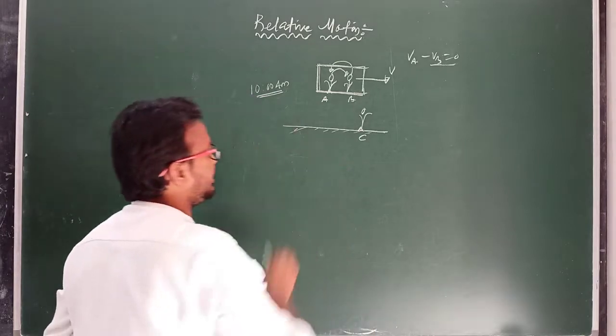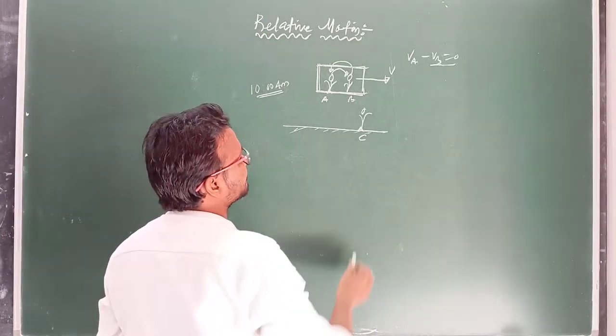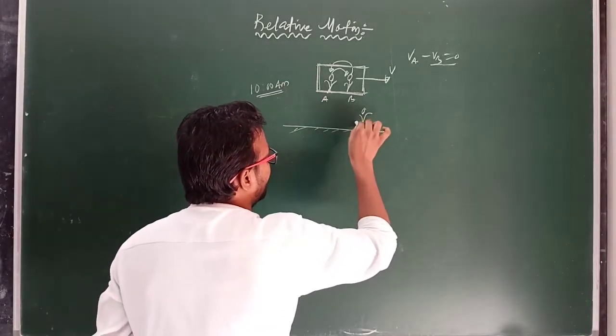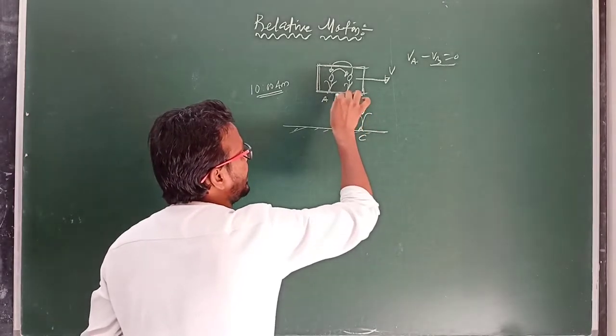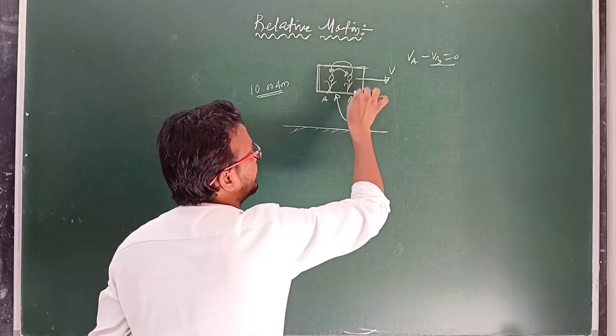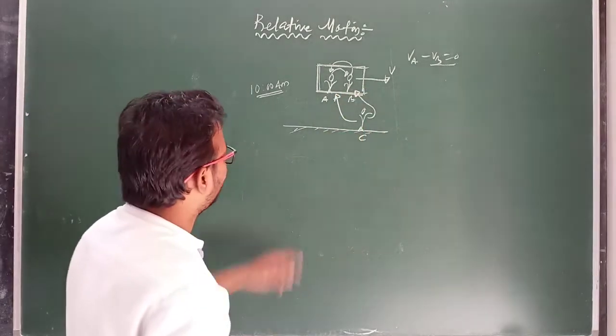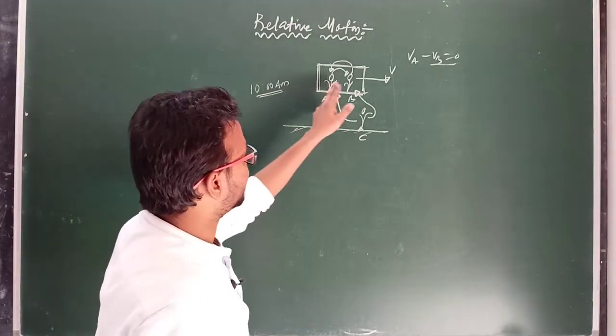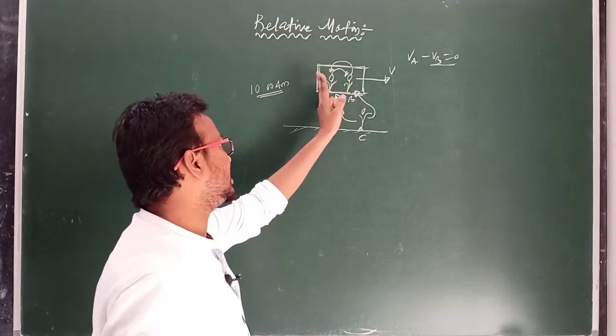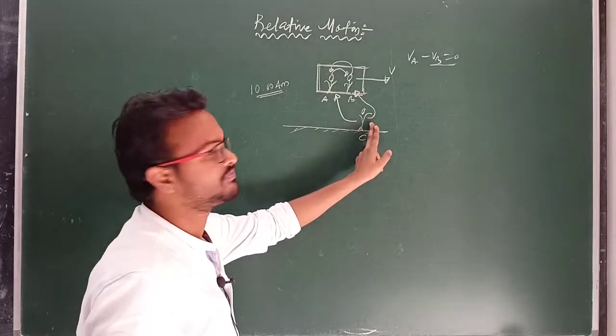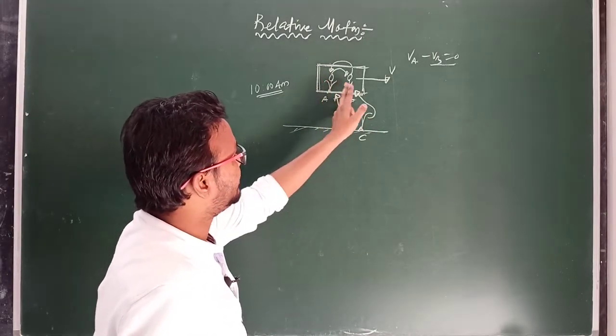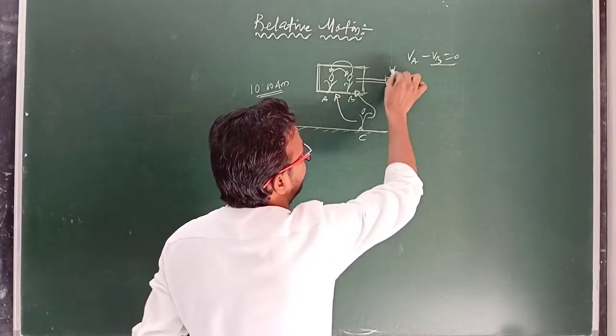But at the same instant of time, if we observe C with respect to A and B: at 10 AM, A observes B at rest and B observes A at rest, but at the same instant C observes both A and B moving with a certain velocity.